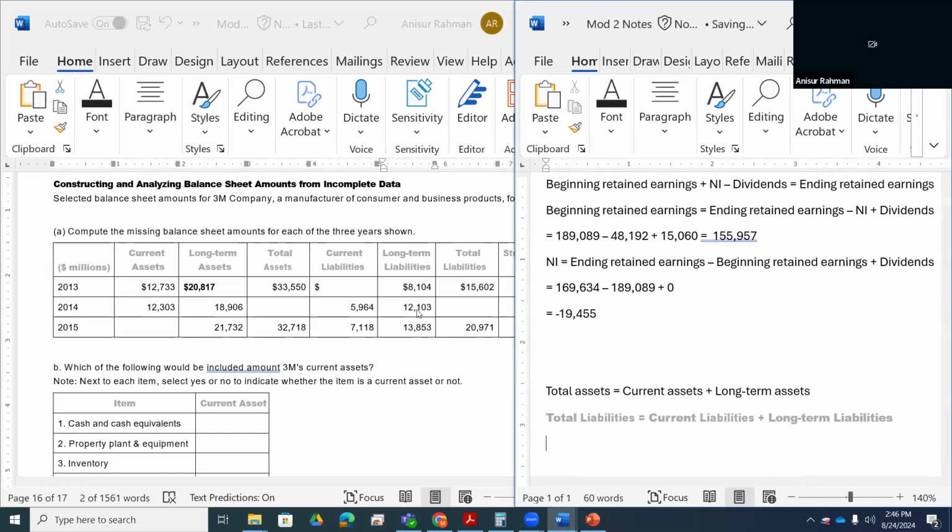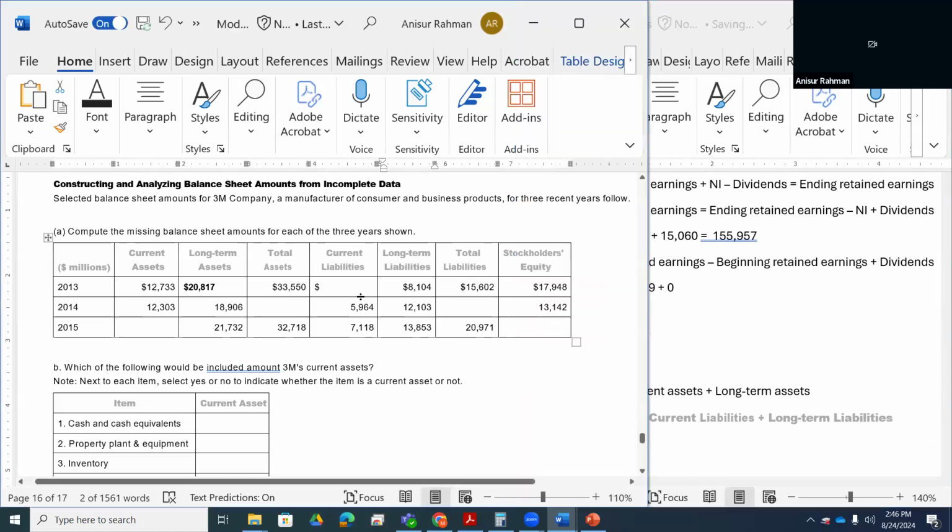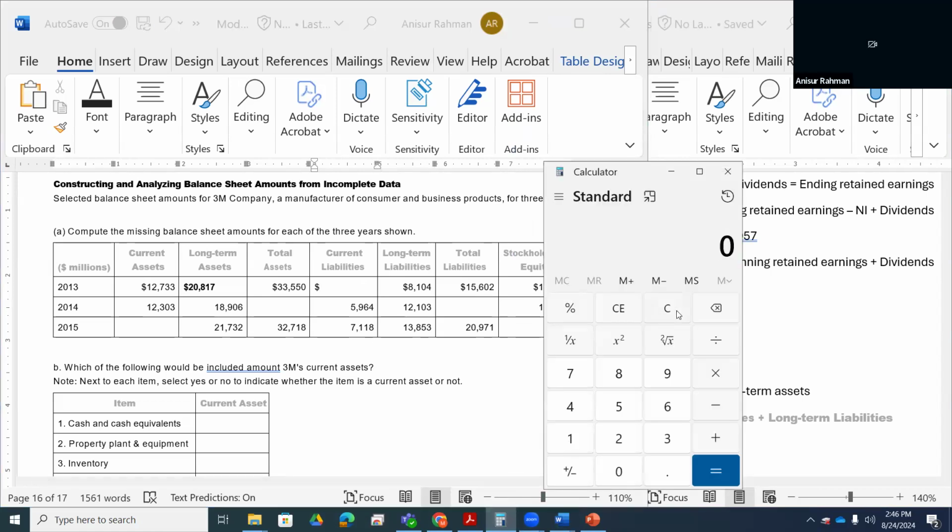So again, all we need to do is subtract long-term liabilities from total liabilities to find out current liabilities. Let's do that. $7,498.